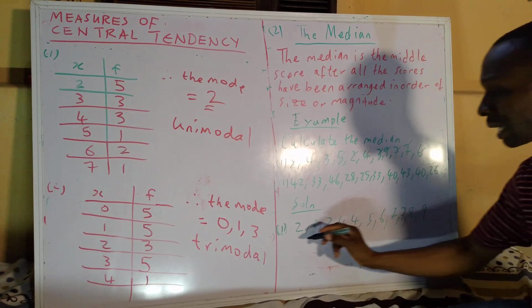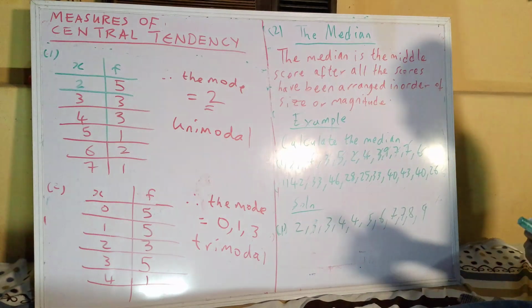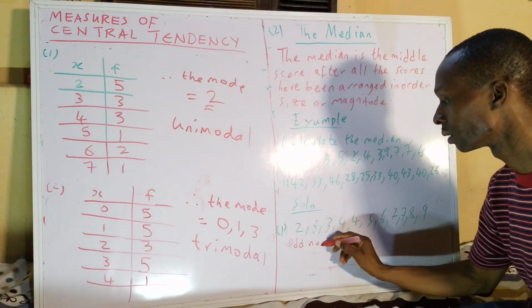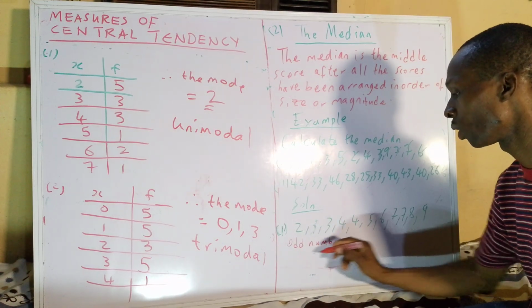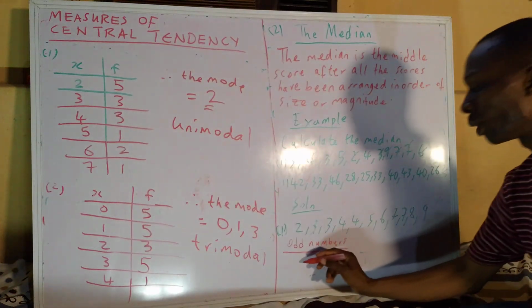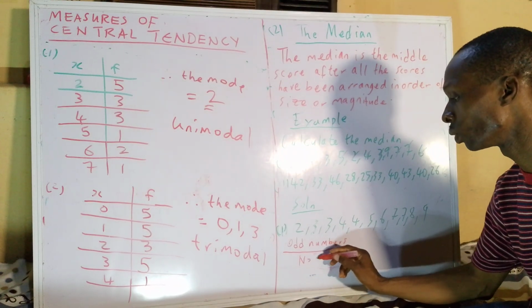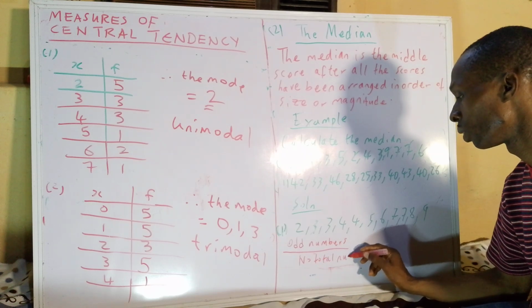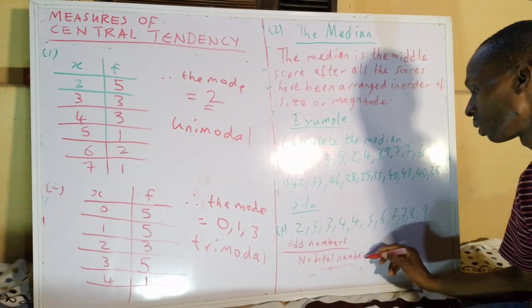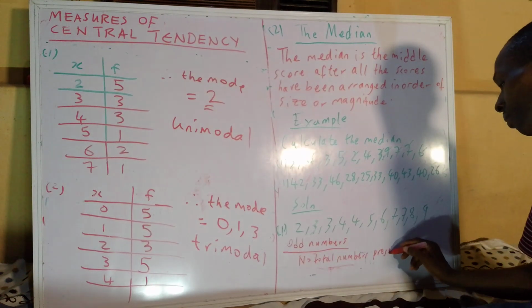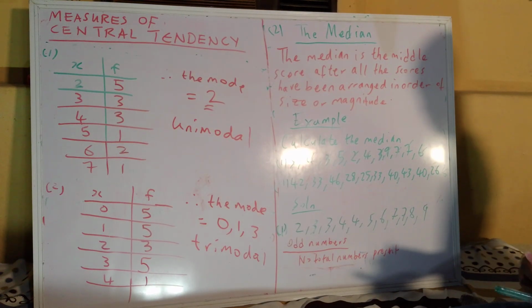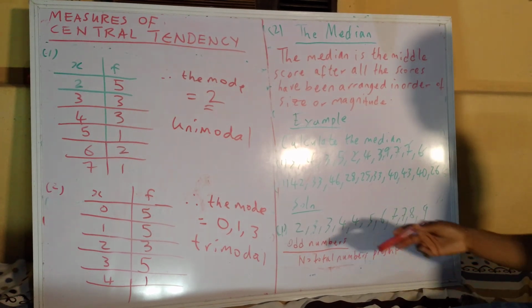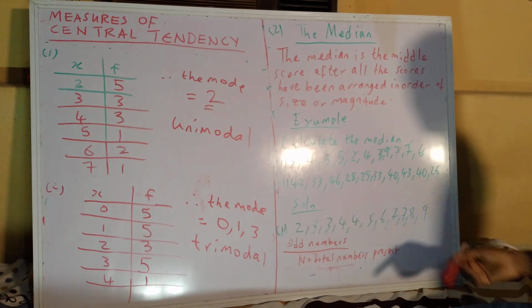This is an odd number, the case of odd numbers. Because the total numbers are odd, you will add 1 to the total, where n is equal to the total numbers present, the total number of the array.